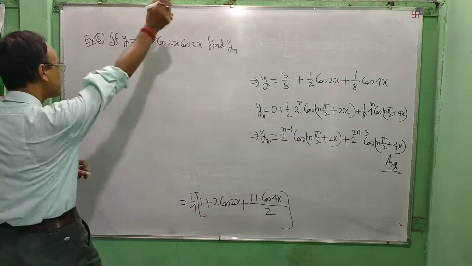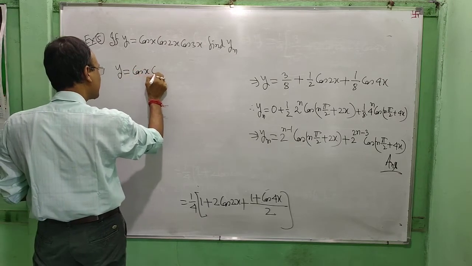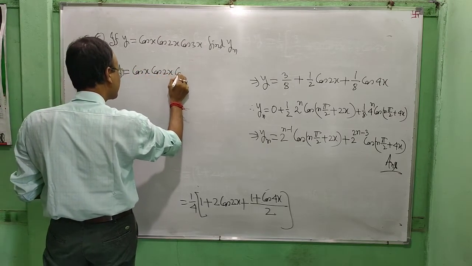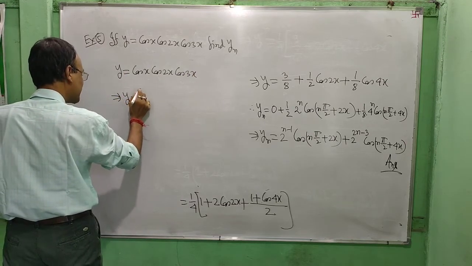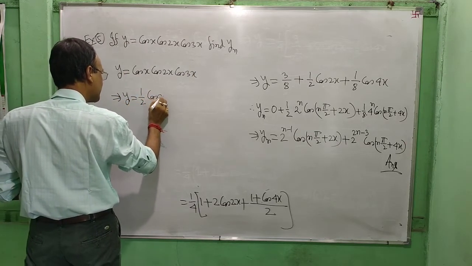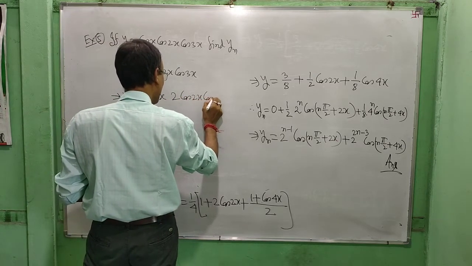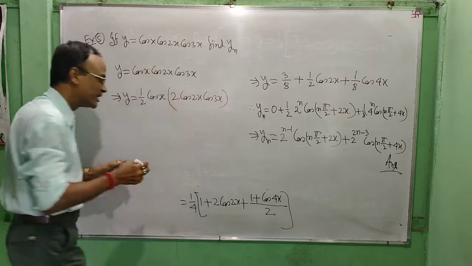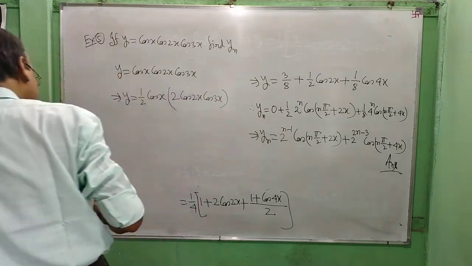Now y is equal to cos x cos 2x cos 3x. This can be written as half of cos x times 2 cos 2x cos 3x.